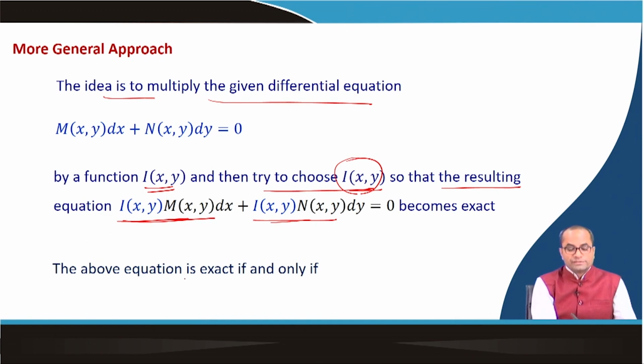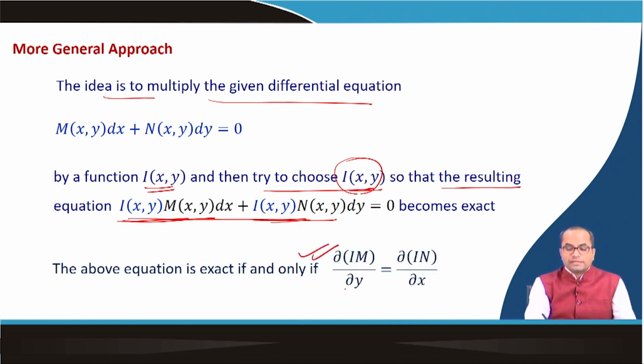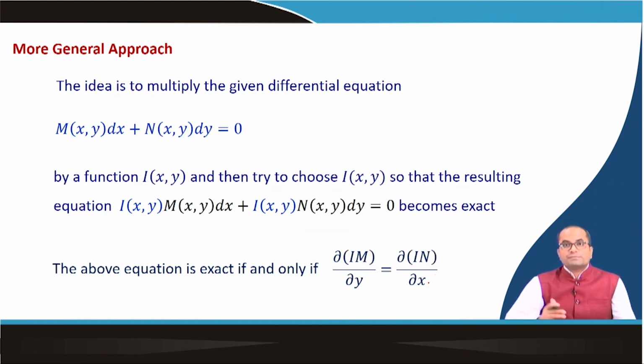So, this equation after multiplying by I(x,y) is exact if and only if the partial derivative with respect to y of I M and the partial derivative of I N with respect to x are equal. These two derivatives must be equal.